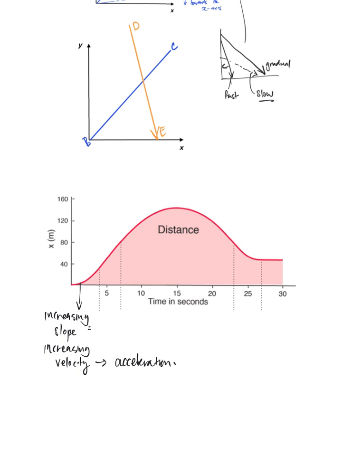Right, that's great. Then I'll notice that point from about there to there, in that little section over there, can you see that I've got myself a bit of a straight line? So what's happening there is I've got a constant or a gradual slope. And when I have a gradual slope, it means the velocity is constant.